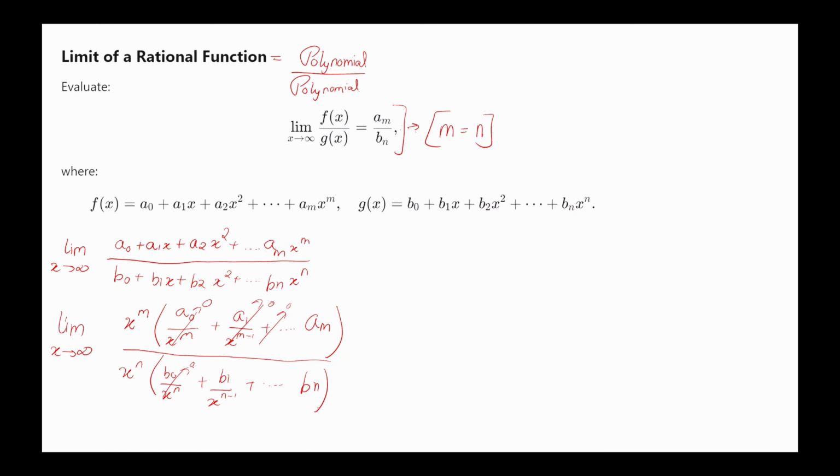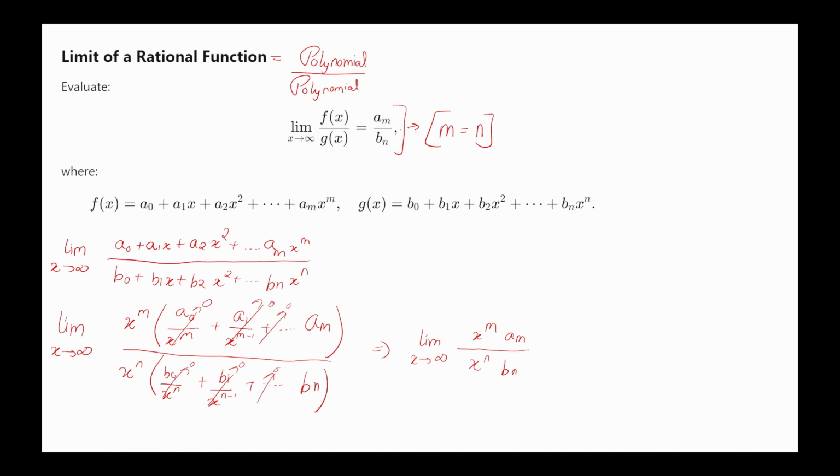If I put the value of x as infinity, all these terms would become 0, right? So what would I be left with? Basically, limit x tending to infinity, x to the power m into am upon x to the power n into bn.